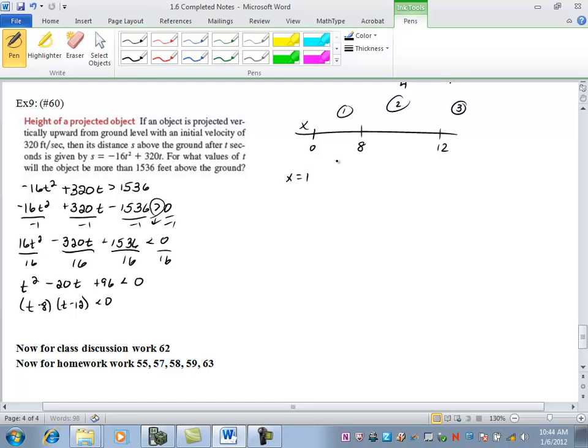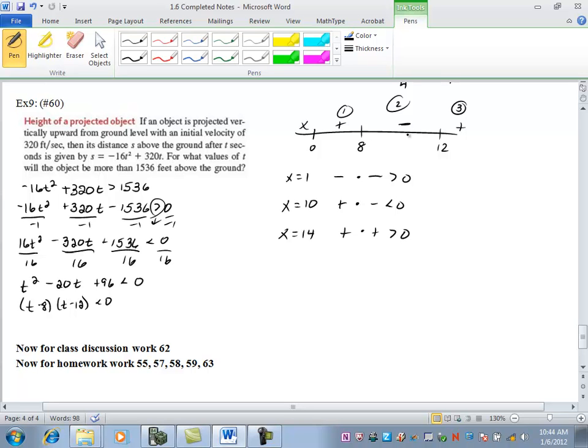If x equals 1, we've got a negative times a negative, which is going to be greater than 0. And then if x equals 10, we've got a positive times a negative, which is less than 0. Then if x equals 14, we've got a positive times a positive, which is greater than 0. All right, so for what values of t is this thing less than 0?